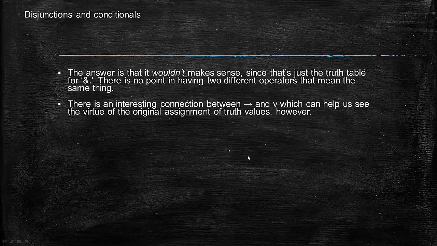So where do we go from here? Well, there's an interesting connection between the arrow and the wedge disjunction, which can help us see the virtue of the original assignment of truth values to the arrow. So consider the proposition, "If I eat breakfast, then I am happy."